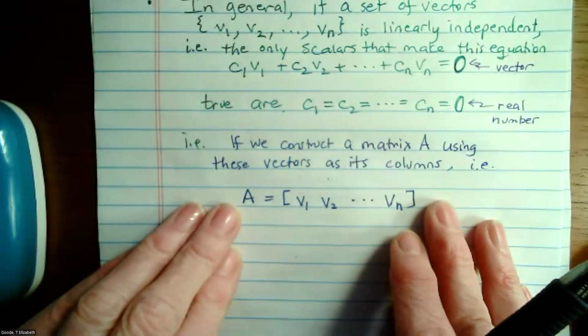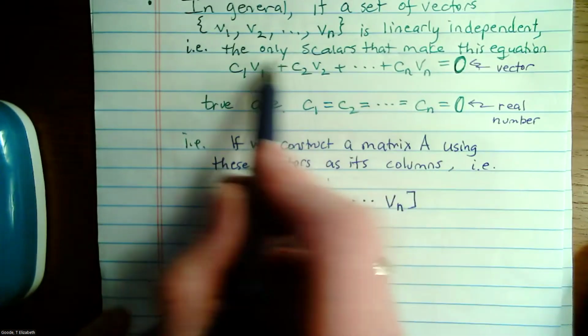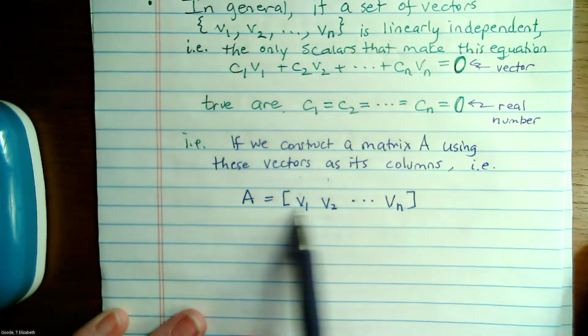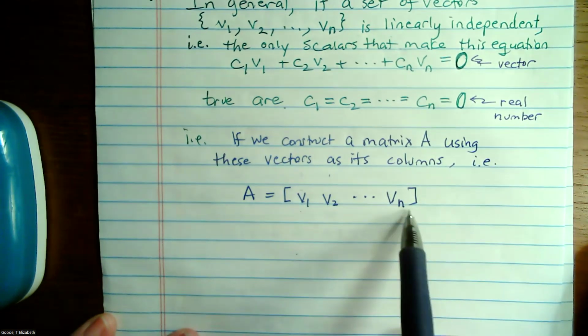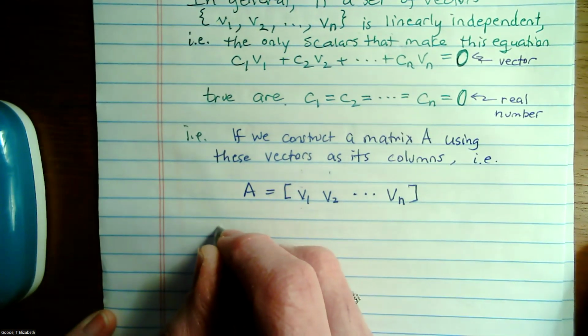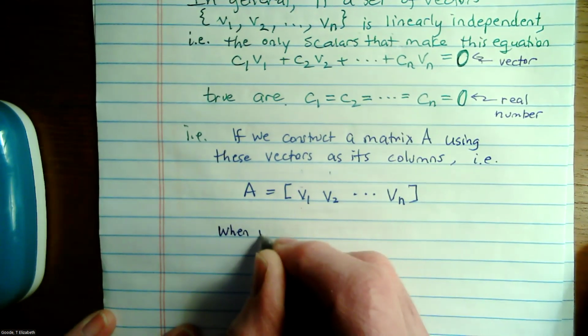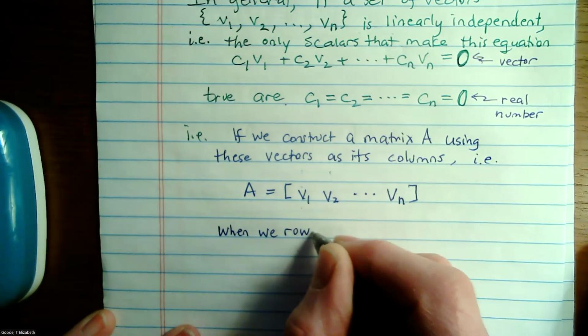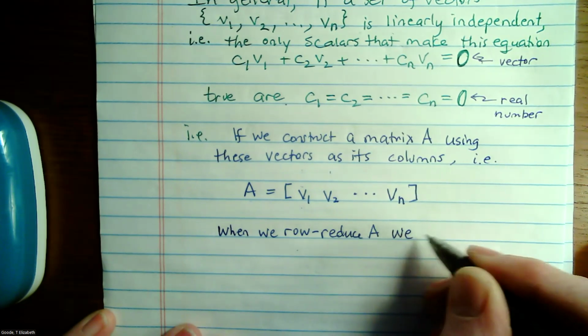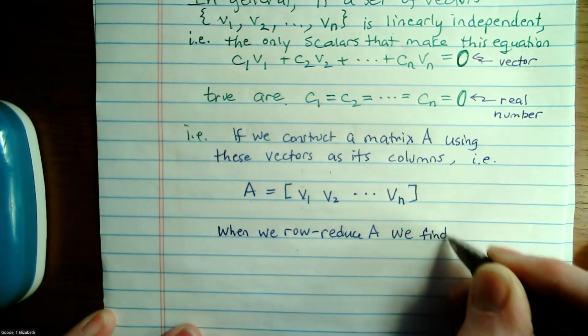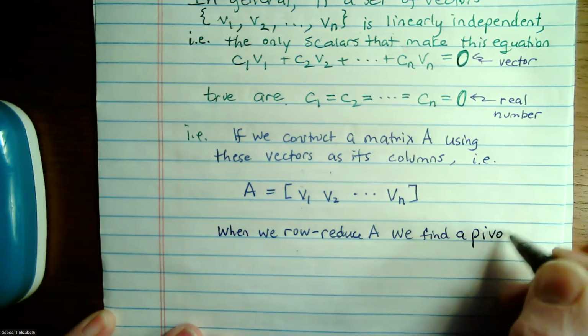Yes. Okay, so for these vectors, V1 through Vn, to be linearly independent means that if we construct this matrix A, when we row reduce A, we find a pivot in every column.